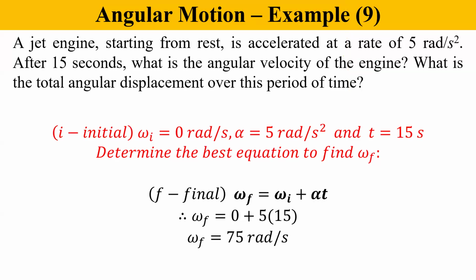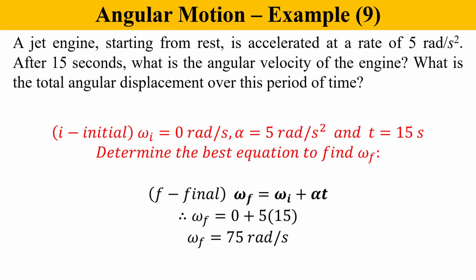What is the total angular displacement over time? So here we see that we're going to have to apply a number of equations. The initial angular velocity is 0 rad per second. The acceleration is given as 5 rad per second squared, and the time is t.